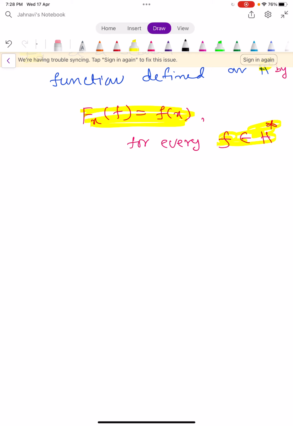So by the previous theorem, which we learned in Banach spaces, I write the complete statement of that theorem.